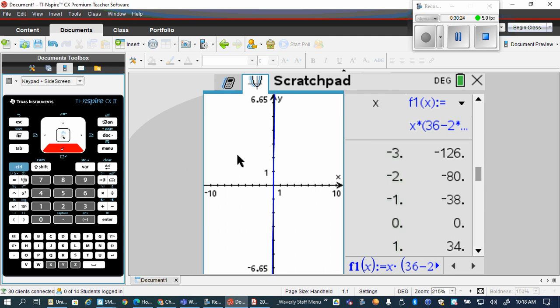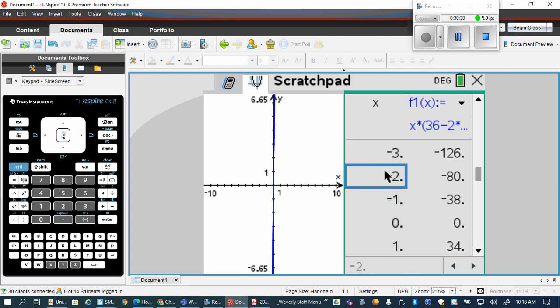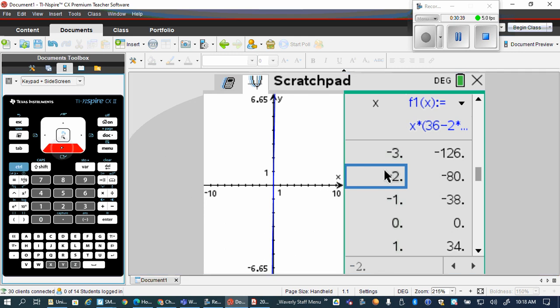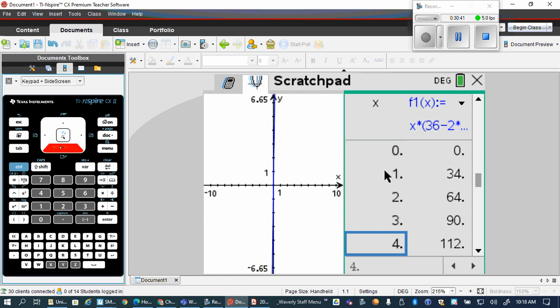All right, so I'm going to go 0 to 20. Get that thing. The table? Yeah. Menu. Table. You love it when you figure things out. So 0, 64.